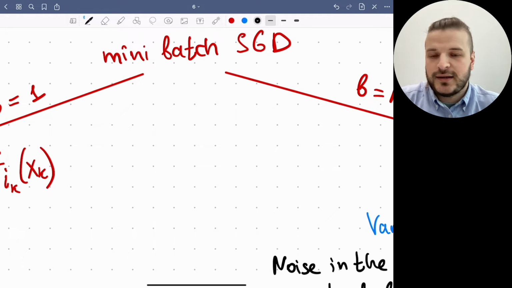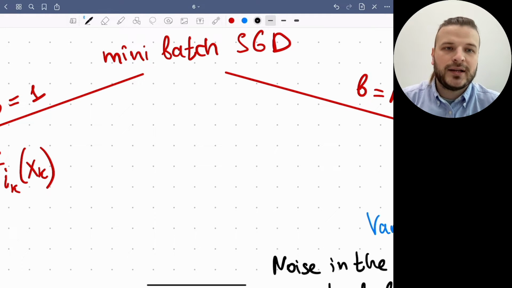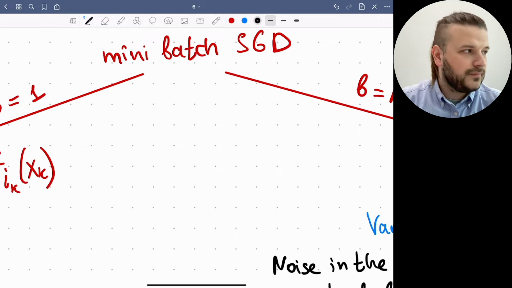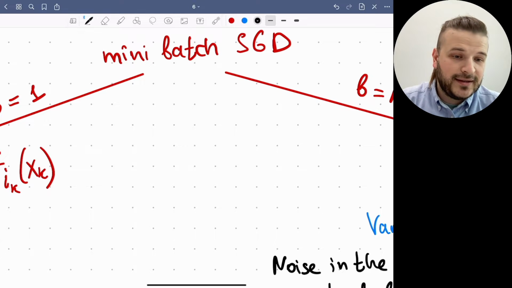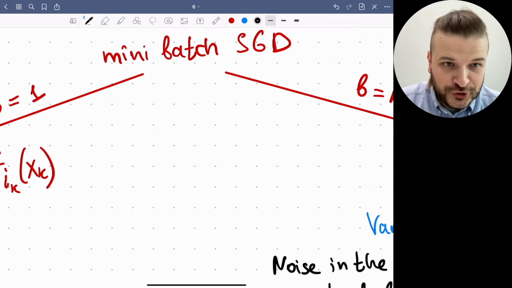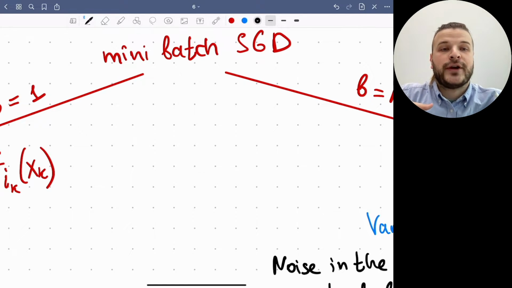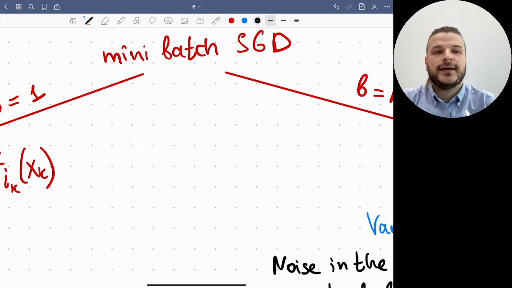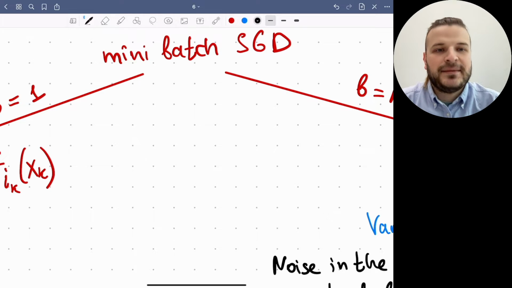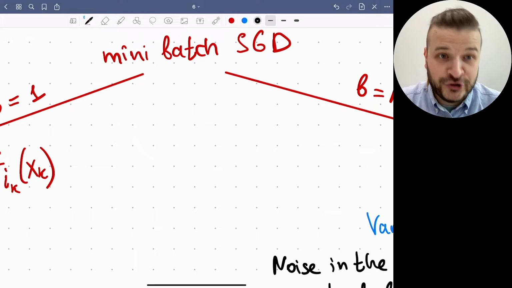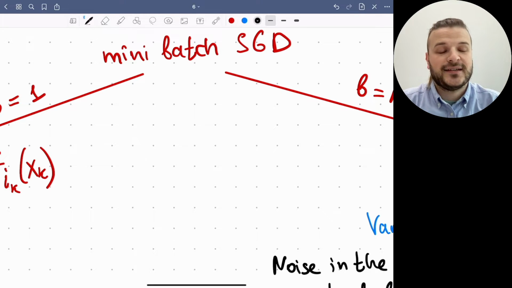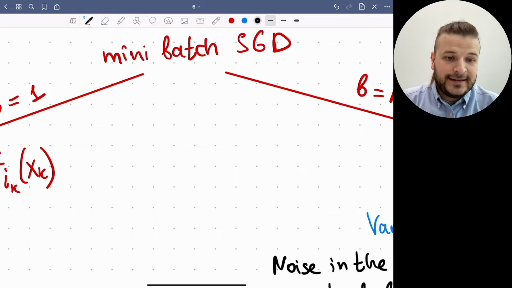That's a little confusing, but as far as we are using parallelization to compute all gradients in a batch in parallel, we spend the same time for mini-batch SGD as for the original vanilla SGD, right, with the unit batch size.